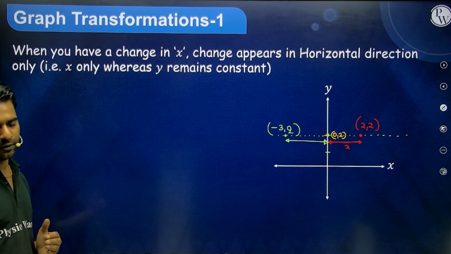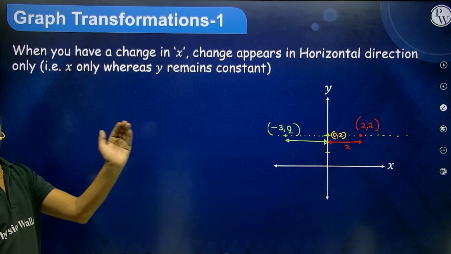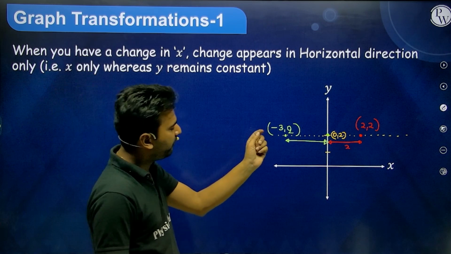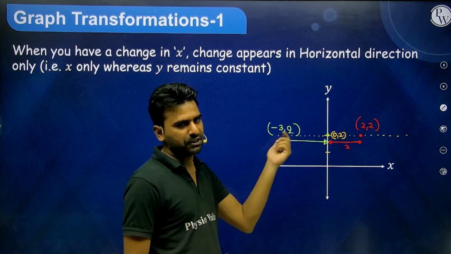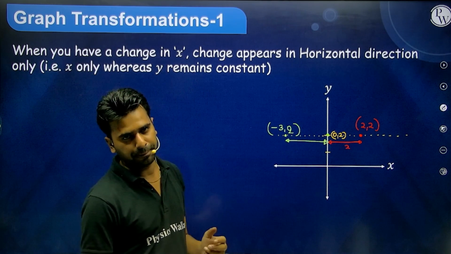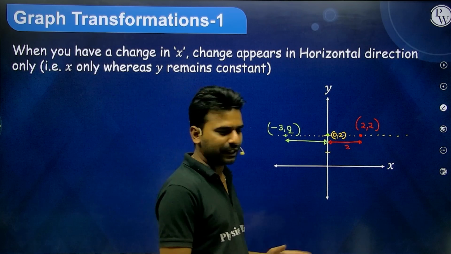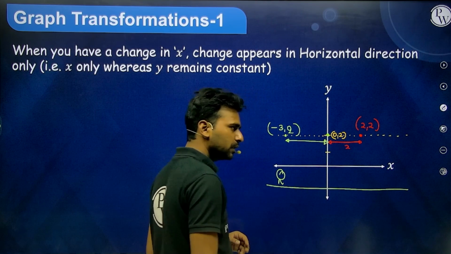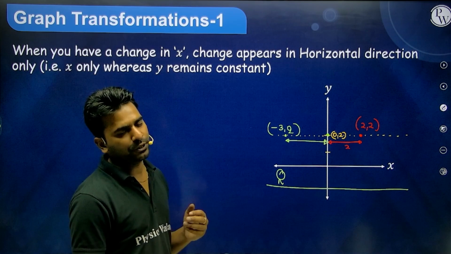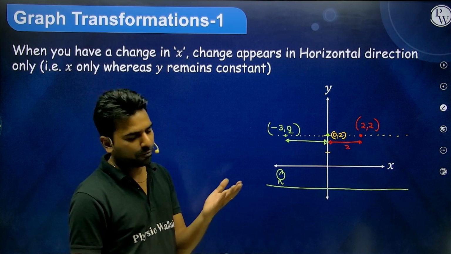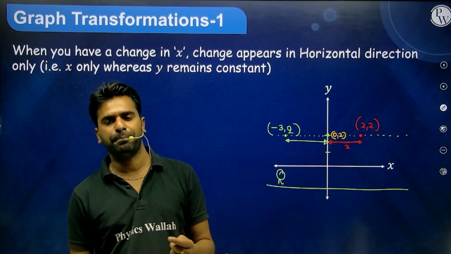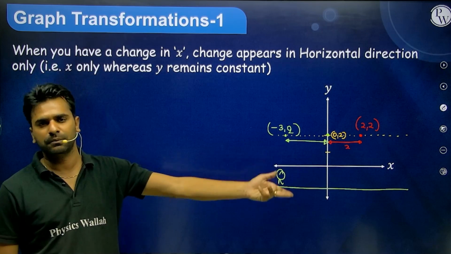So what I am trying to tell you is, if I am moving horizontally in the Cartesian plane, the value of x coordinate changes, but the value of y coordinate remains same. Yes or no? If I am moving horizontally on this line, the value of x coordinate is going to change, the value of y will remain same. Obviously the equation of this line will be called y equal to constant only, because any line parallel to x-axis is nothing but y equal to constant.